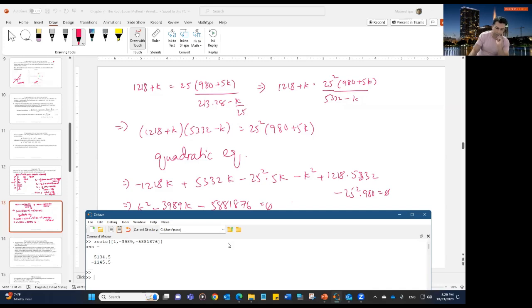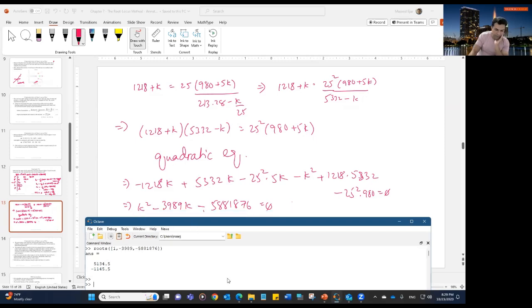Okay, so you have two values for k: 5134.5 and negative 1145.5. Which value is the correct value? Who's going to tell me? That is, if our process is correct. But let's say our process is correct. Which value of k out of these two is the correct one?